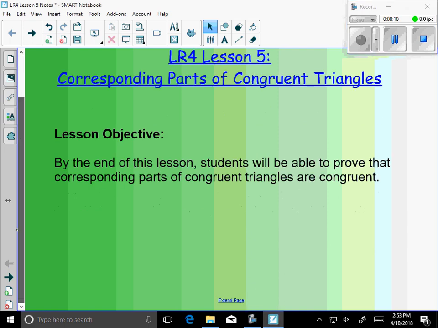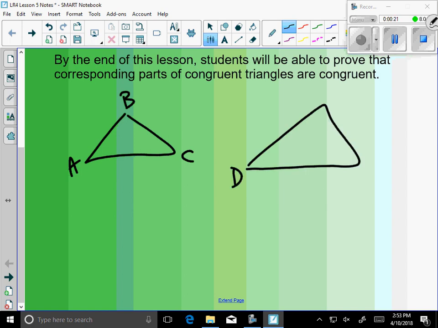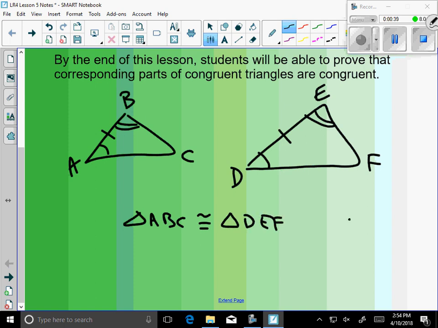A concept I want to talk about real quick before I jump into it: once we know that two triangles are congruent, let's say we knew that these two triangles are congruent by angle side angle.